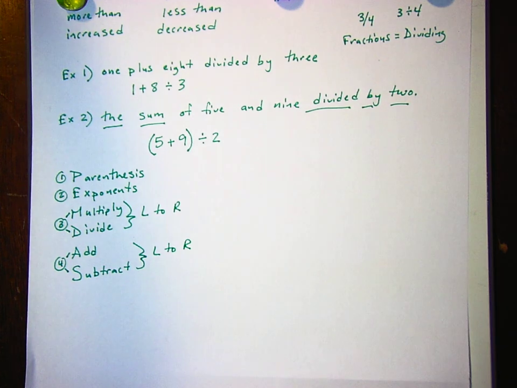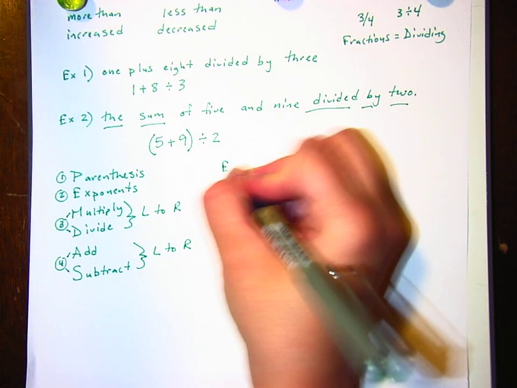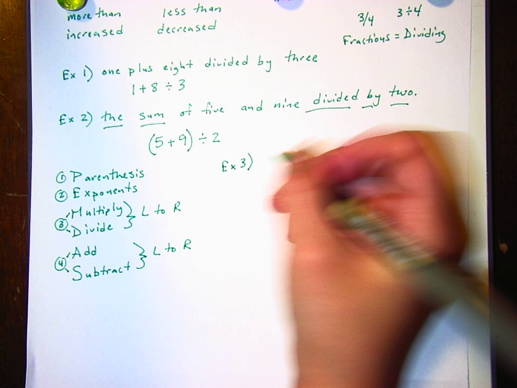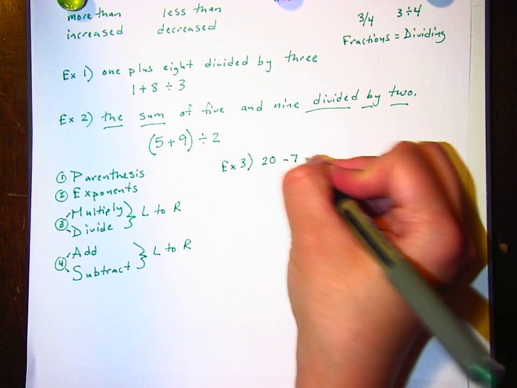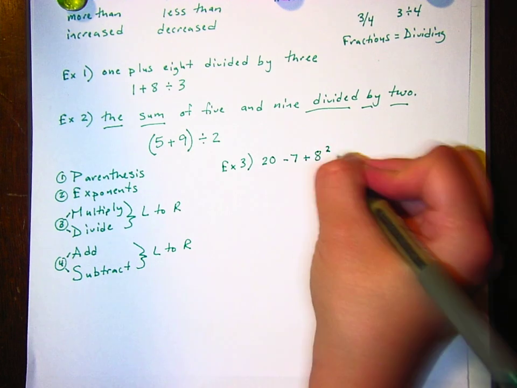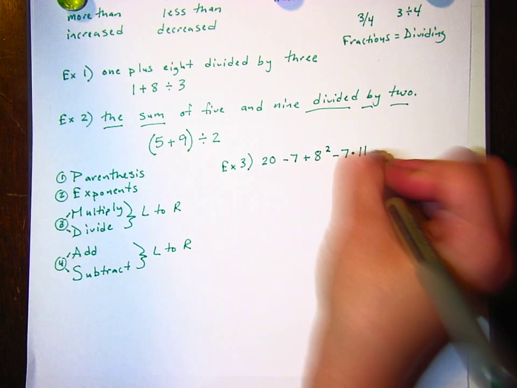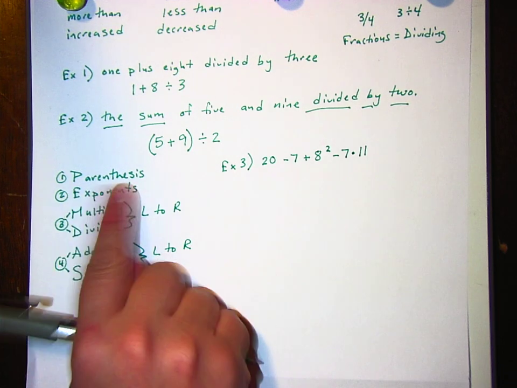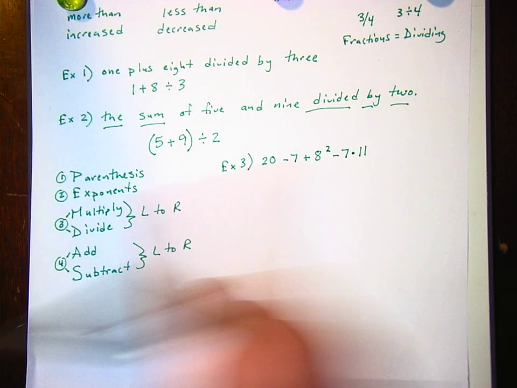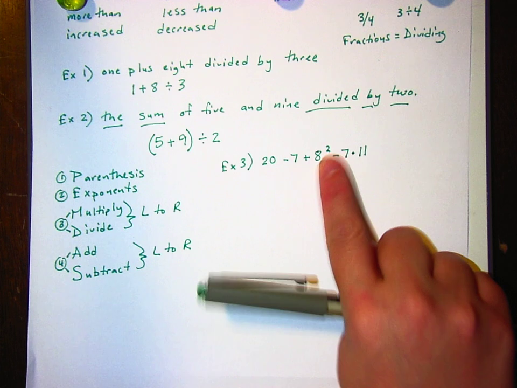Okay, so let's actually try it. So example 3 is going to be 20 minus 7 plus 8 squared minus 7 times 11. All right, so I'm going to look on my list. Parentheses, there isn't one, so I'm good there. Exponents, oh, there's one right there.